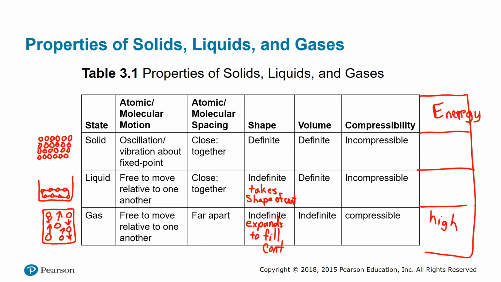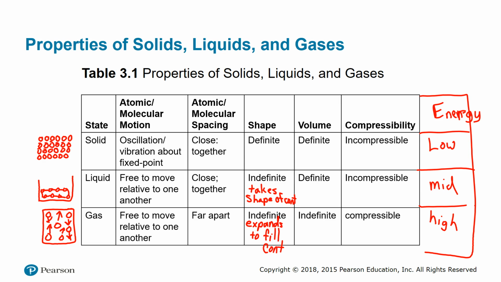Which one's going to have the lowest energy? Solid. So liquid is somewhere in between. It's kind of got medium energy. So that's one way that we can look at matter. We can look at matter in terms of its physical state, solid, liquid, or gas.